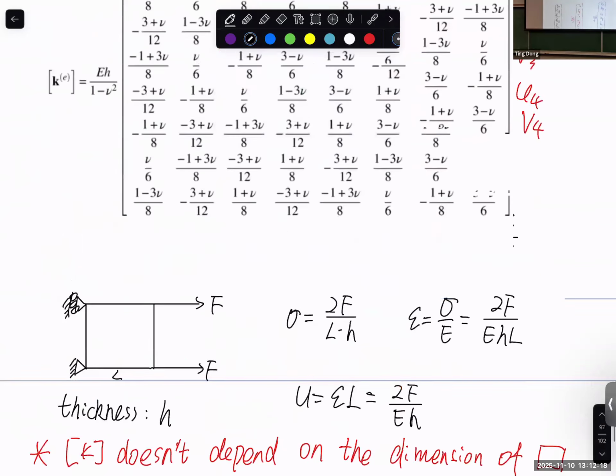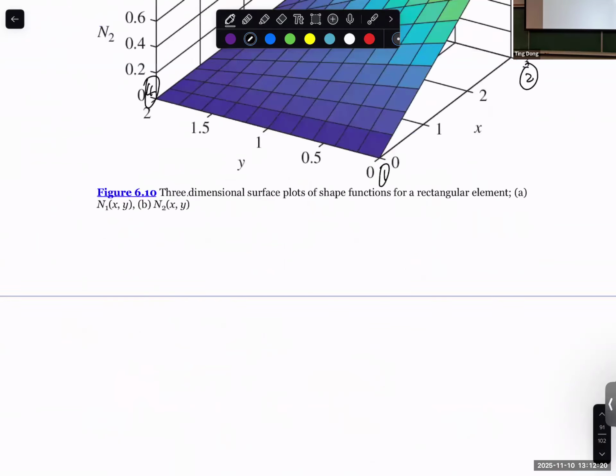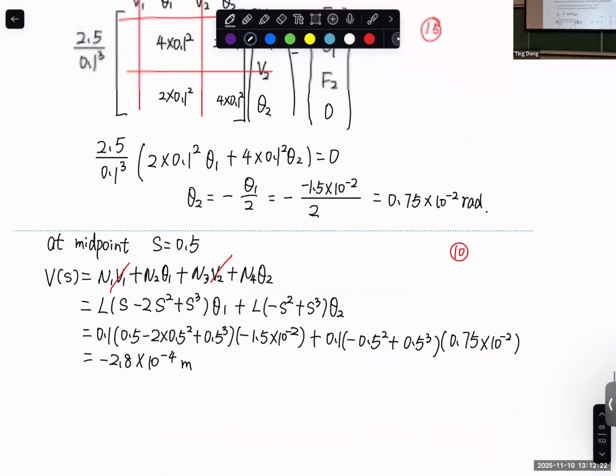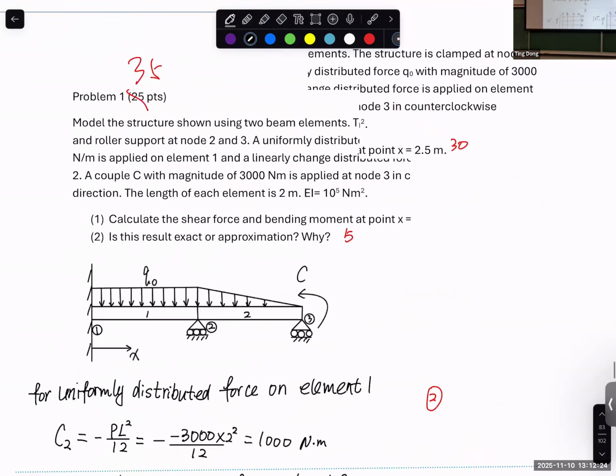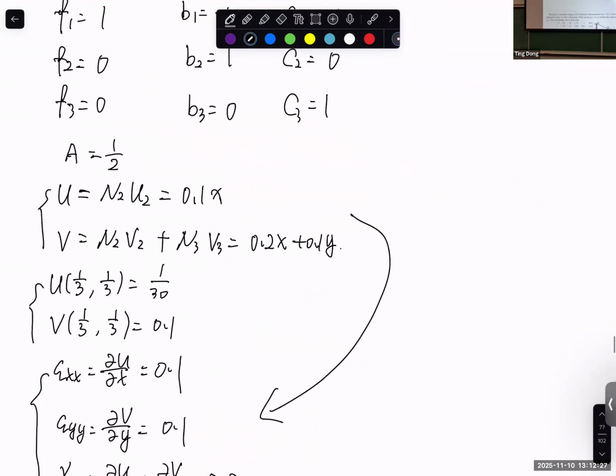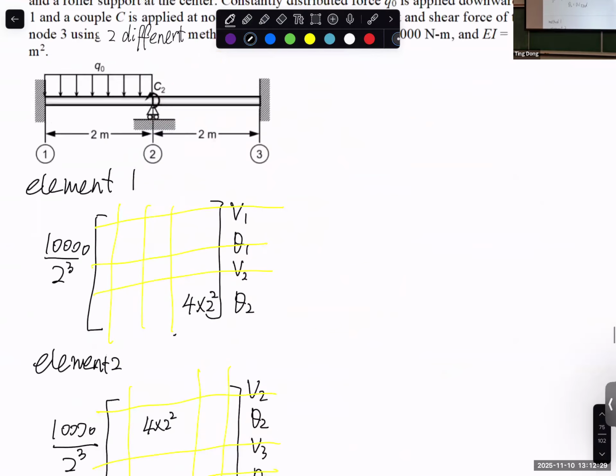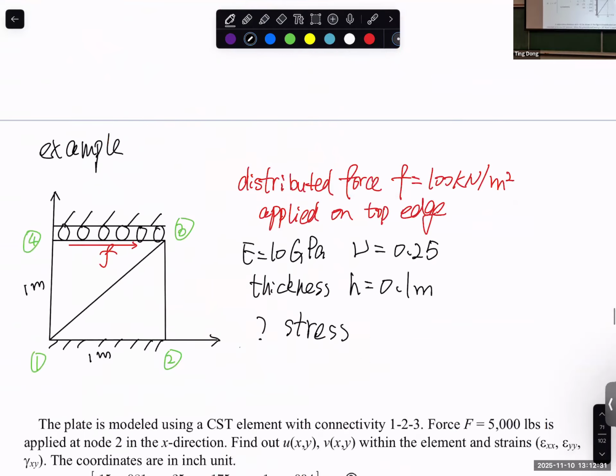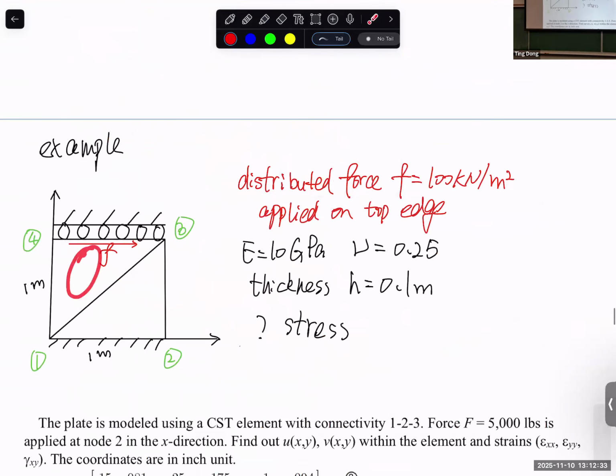If you guys remember, we did this exact problem using two triangular elements, right? Structure is the same, dimension is the same, boundary condition is the same, material property is the same. Asking about stress, I just want to save some time here because converting strain to stress is the same.